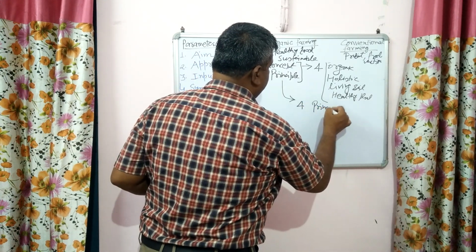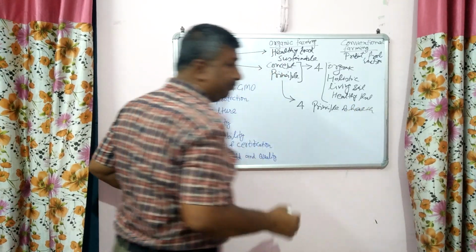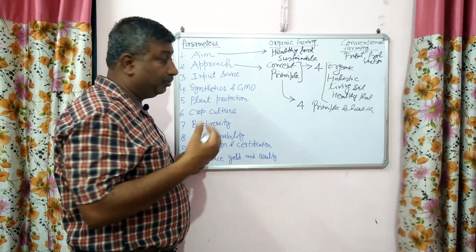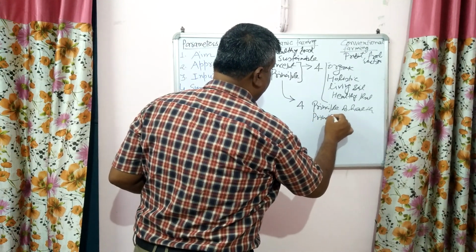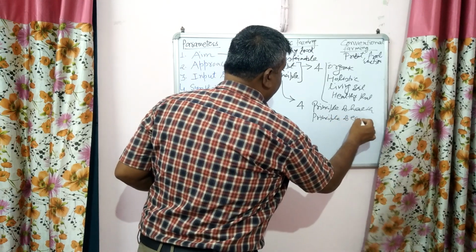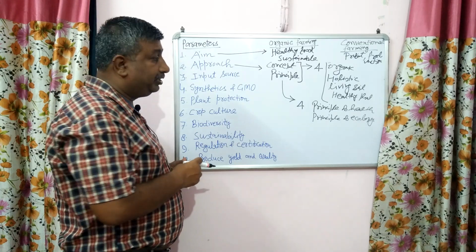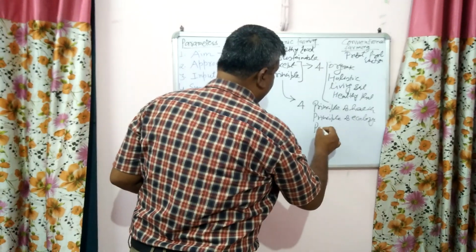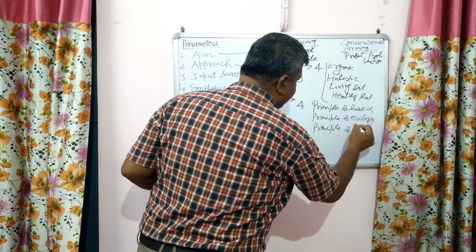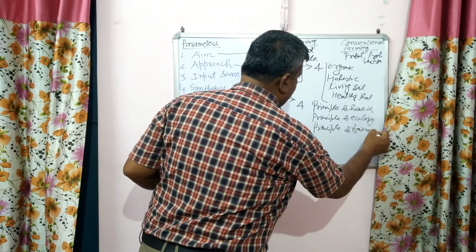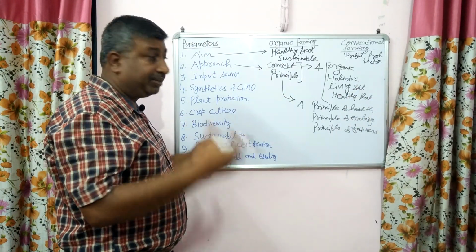The principle of health means to maintain the health of human, animal, livestock, and the earth as a whole and soil. Then the principle of ecology means we have to maintain the ecosystem without degradation of the environment. This is very important. Then the principle of fairness to life opportunity, to maintain fairness in relationships.